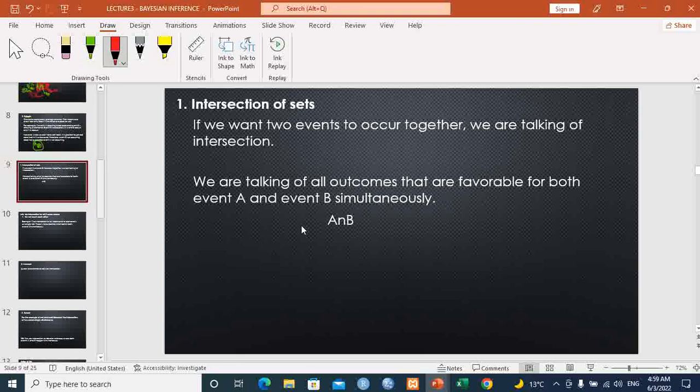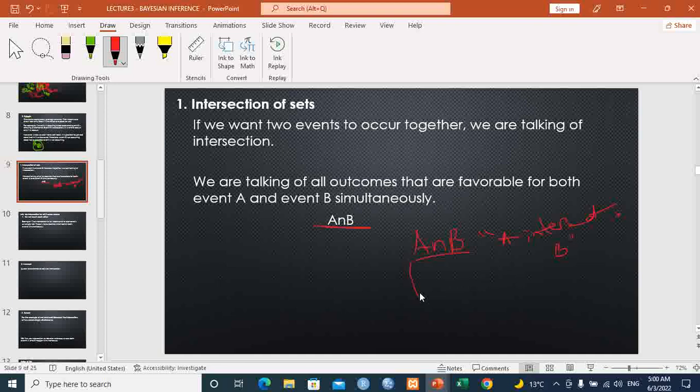When we are talking of intersection of sets, this is the mathematical representation: A intersection B. This is read as A intersection B. Don't worry about my handwriting.